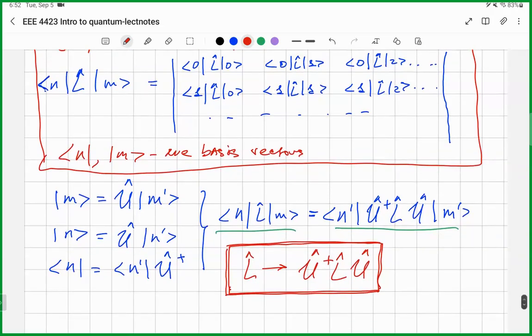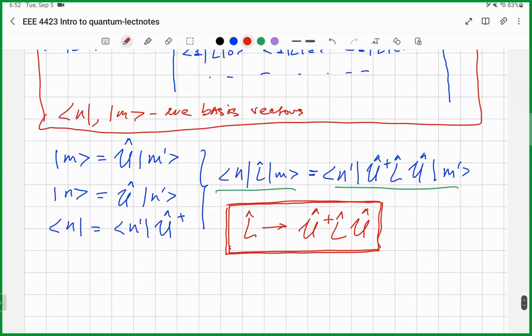To do so, you need to multiply the operator L from the right and left side by this transformation operator U. So we can write this as transforming an operator or matrix.